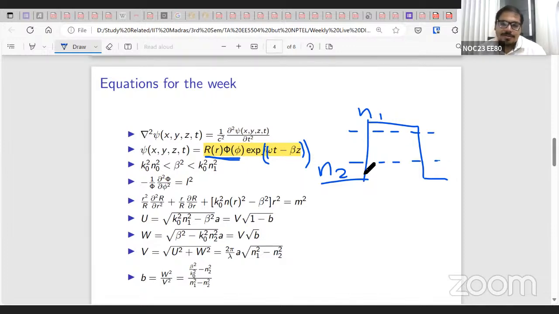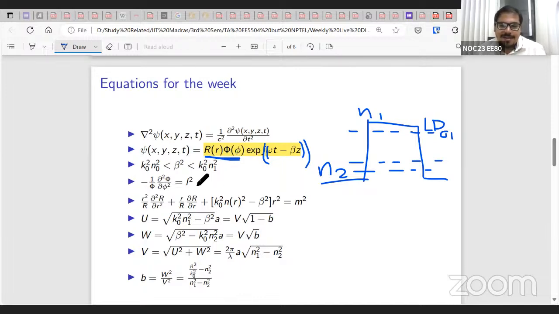That is the additional constraint that we put. For guided modes, this will be true. You can also have radiation modes where there are no such constraints.